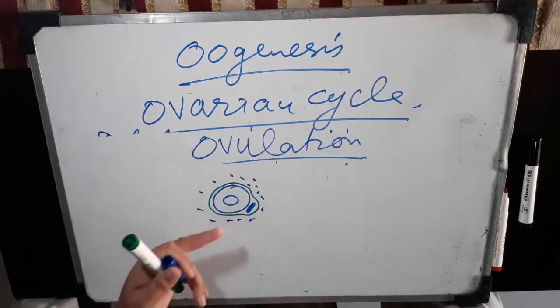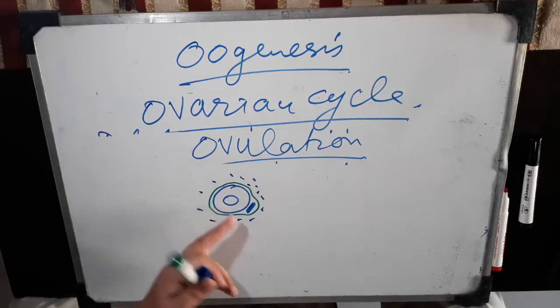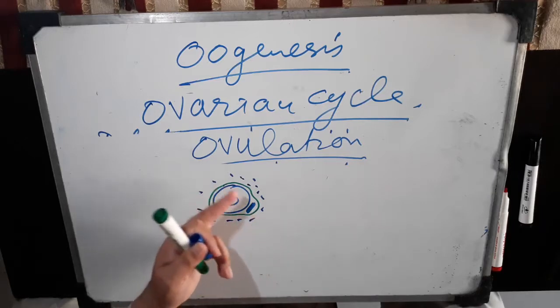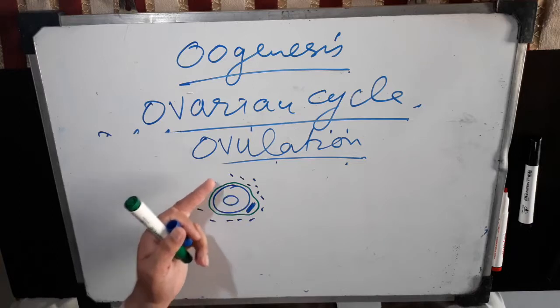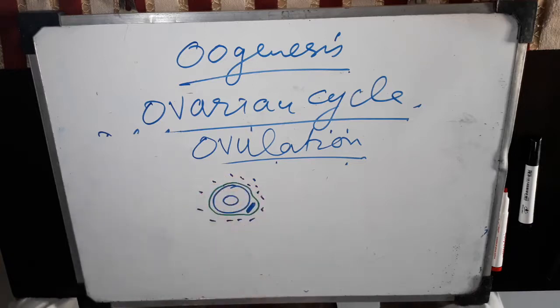The other parts of the Graafian follicle are left behind, and the left behind part is known as the corpus luteum.